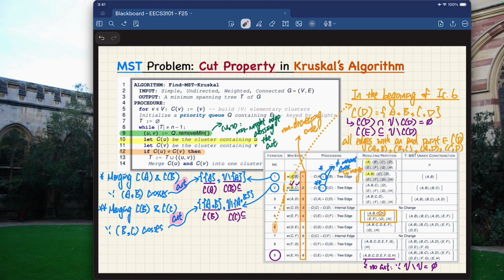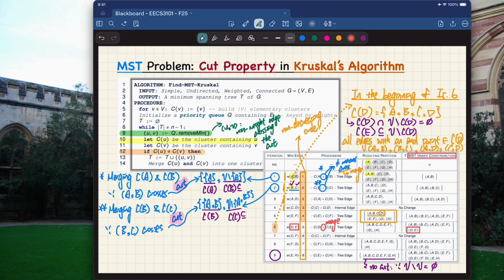So that's why over here you can see we could safely, just for iteration number 6, given that they are not the same, we know that we can merge, and once we merge, we're going to include the edge DE over here as a new edge in the ultimate minimum spanning tree that we're constructing.